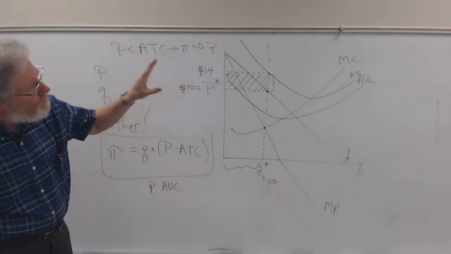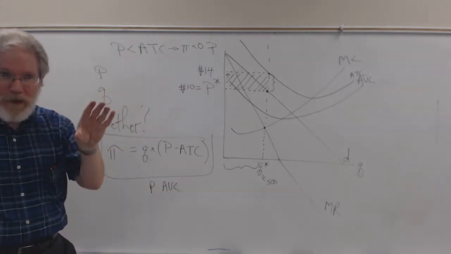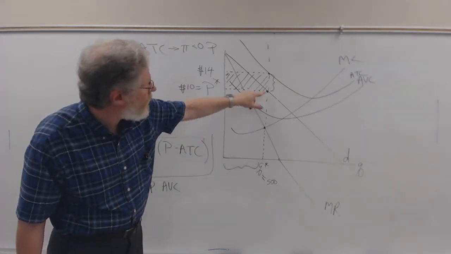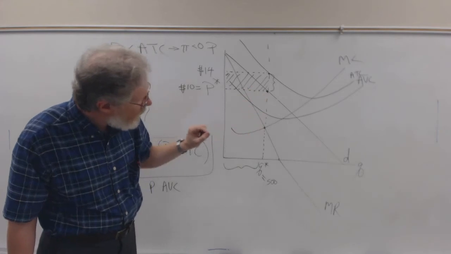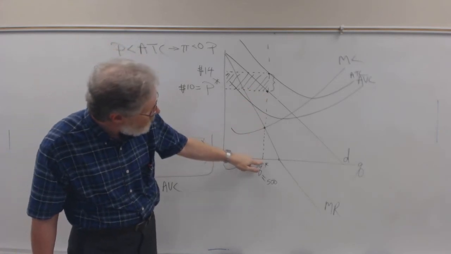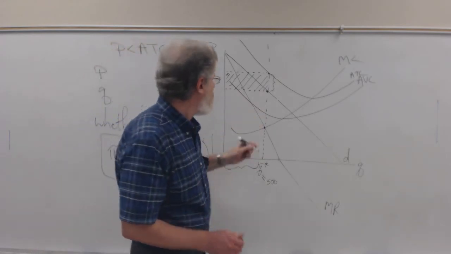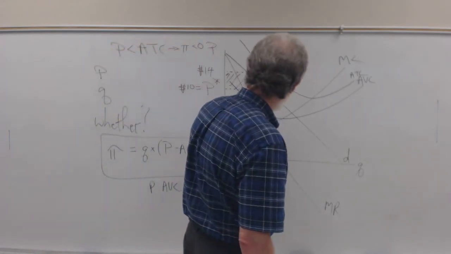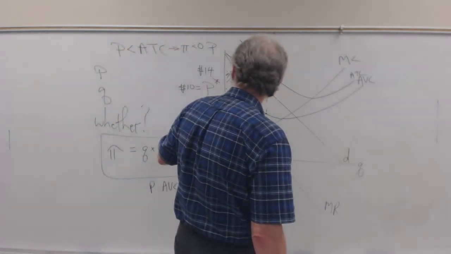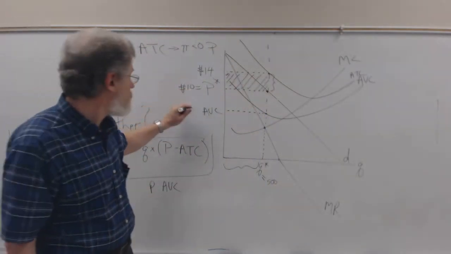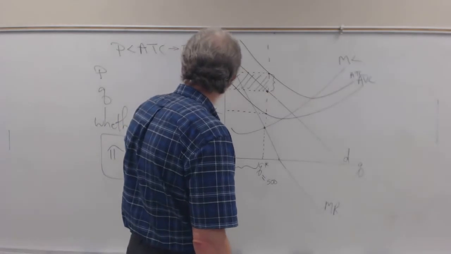If the unprofitable conditions are temporary, he says, I'm going to produce this much, my price is going to be here, what's my average variable cost of producing this quantity? Again, you read up the dotted line to here, which tells you his average variable cost is something below his price. Let's say $7.